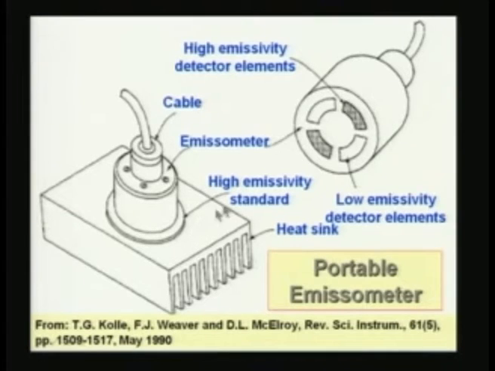Therefore, we have the low emissivity and high emissivity detector elements placed in close proximity of the surface whose emissivity I want to measure. So, what will happen if I have two objects close to each other?